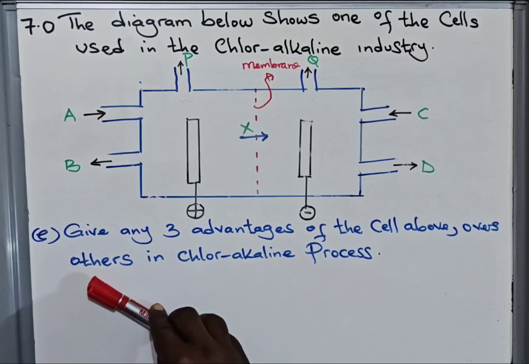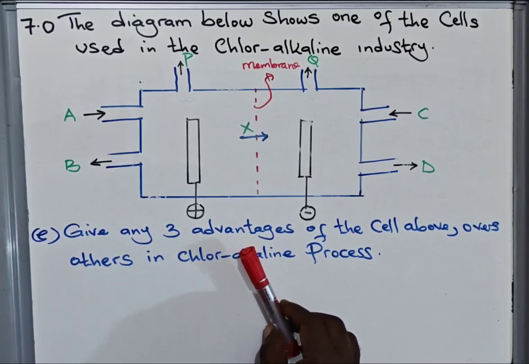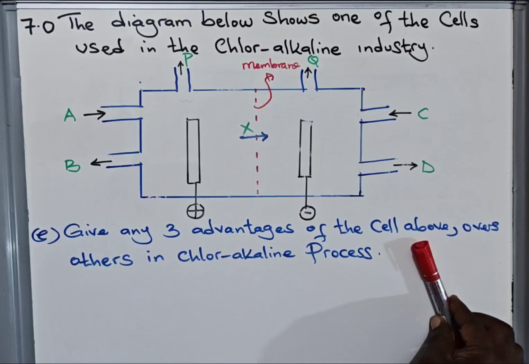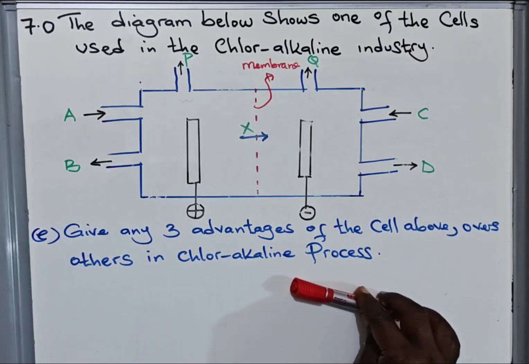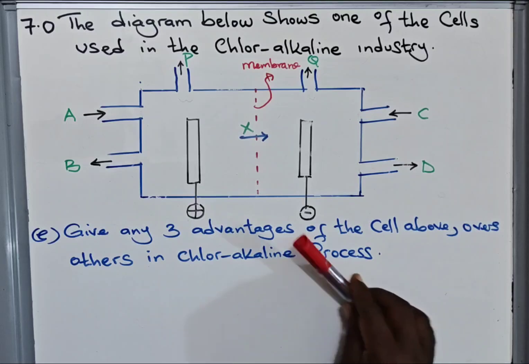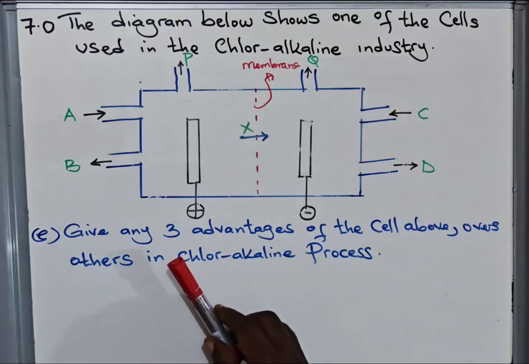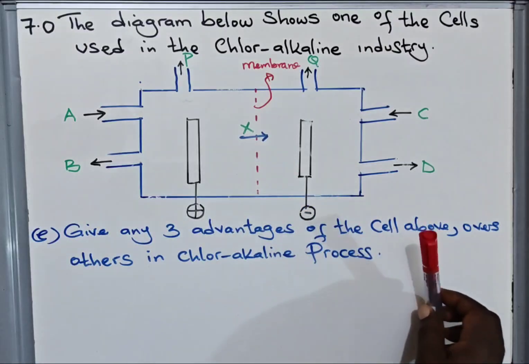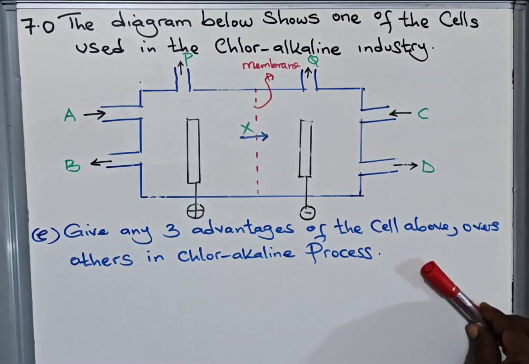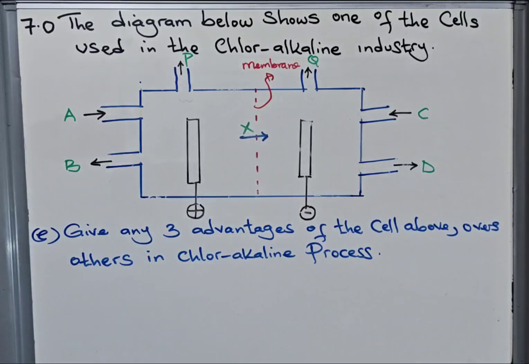Then we come to this question. It says, give any three advantages of the cell above over others in chlor-alkaline industry. We said this cell is membrane cell, and if we don't use membrane cell, we can use Mercury cell or diaphragm cell. So what are the advantages of membrane cell over diaphragm and Mercury? The first advantage is that a membrane cell uses less energy compared to the other two.